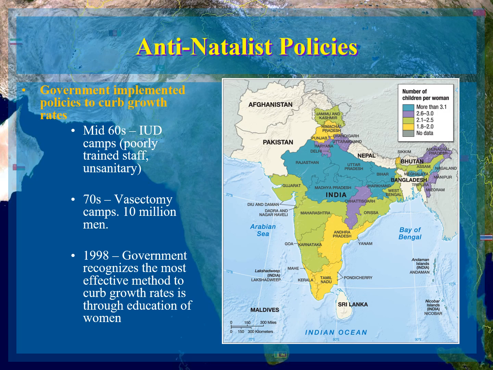So into the 1990s, the government recognizes that the most effective method that's going to curb our growth rate is the education of women. So we see this globally when women are just treated better overall, so getting more education, being able to work outside the home, etc., they're less likely to have numerous children because they choose to reduce the number of babies they have.